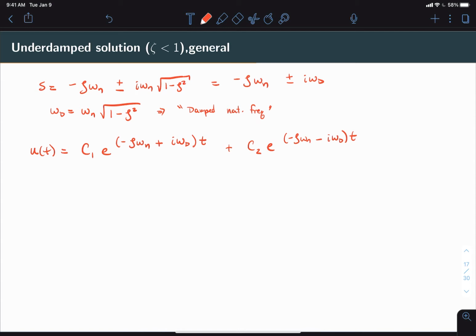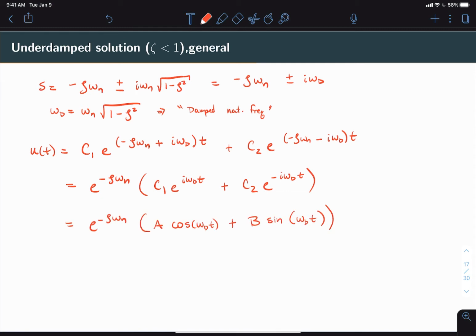So we can simplify this further by bringing out this e to the negative zeta omega n term, and then applying Euler's formula, we can simplify this in terms of sines and cosines, which again makes it easier to visualize. Note that the coefficients will not be the same in both cases. That's why I now change them to a and b. Because the coefficients again can potentially be imaginary numbers, I'm just lumping them all together into a and b.